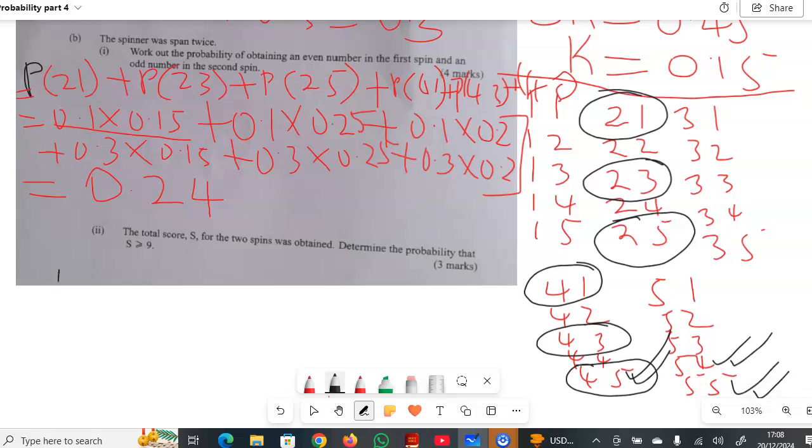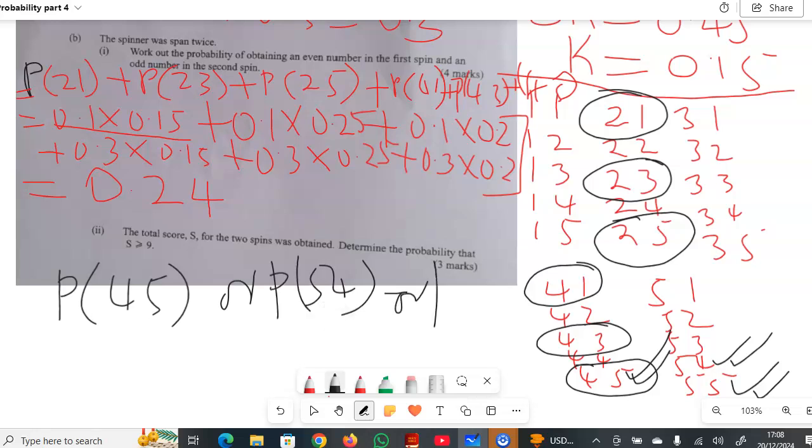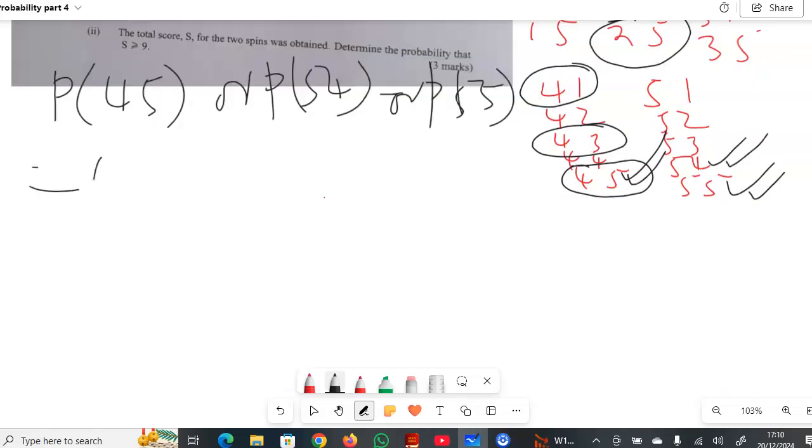So this is the probability of 4, 5, which adds to 9, or the probability of 5, 4, which is 9, or the probability of 5, 5, which gives us 10.